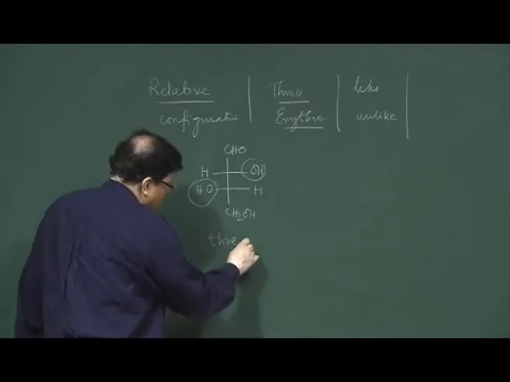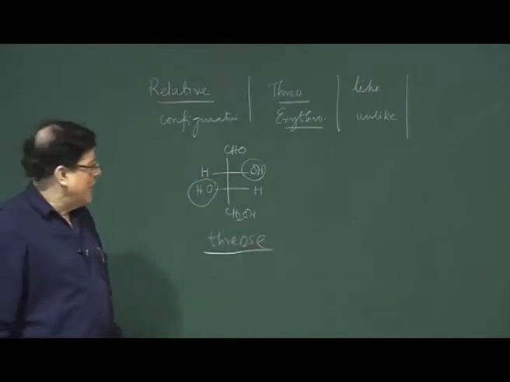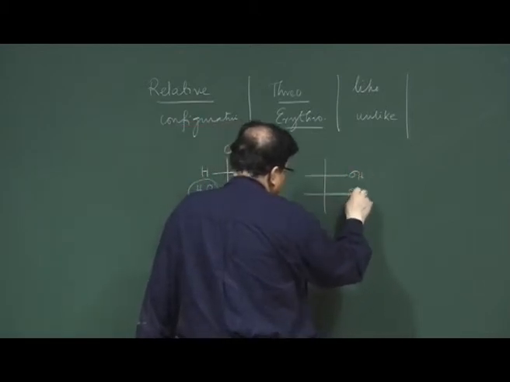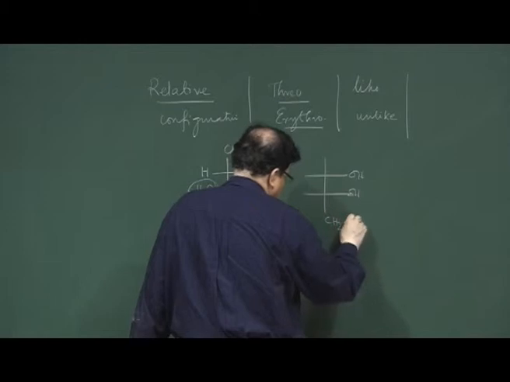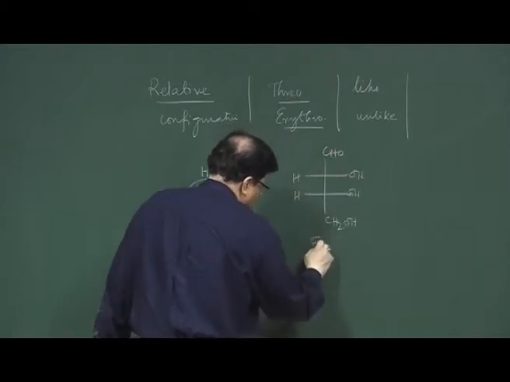Actually, this molecule is what is called threose, and the molecule where both the OHs are on the same side is called erythrose.